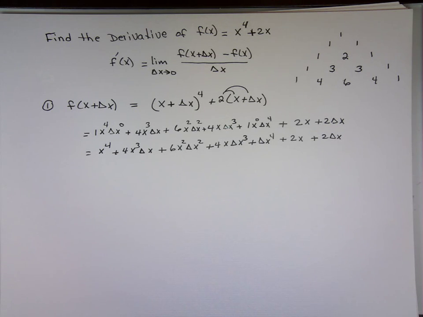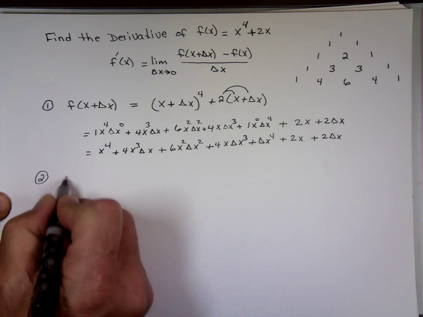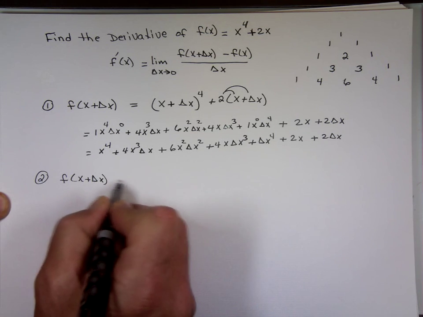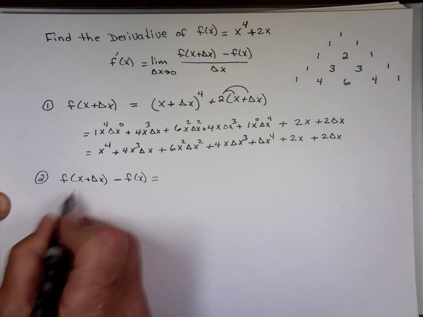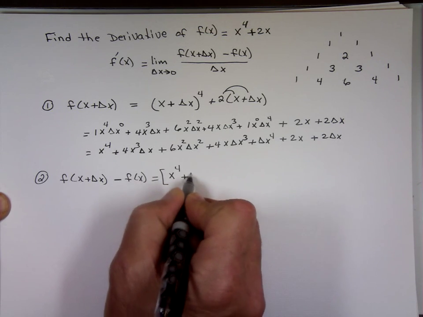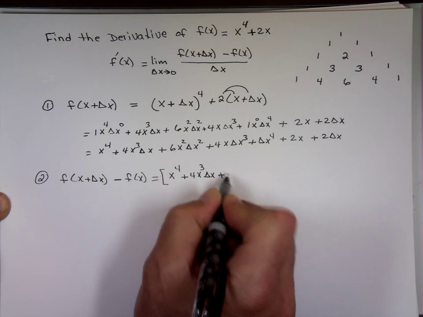Step number 2. You want to do f of x plus delta x minus f of x. Well, I know the answer to this. I should have kept it cubed. It would be less writing here.